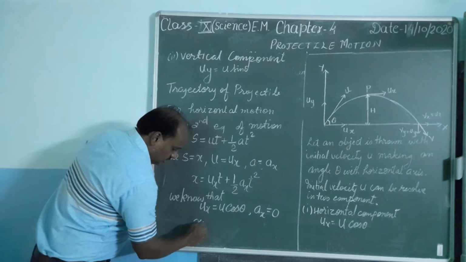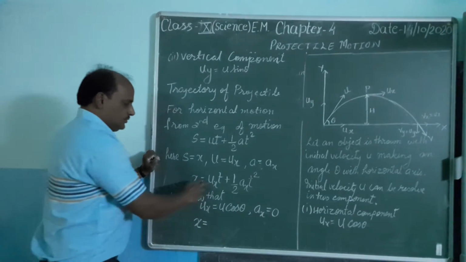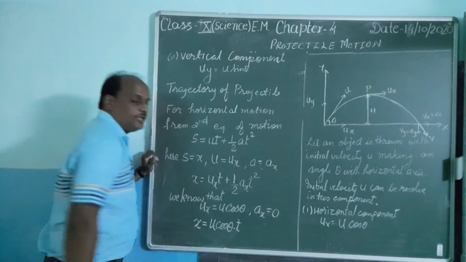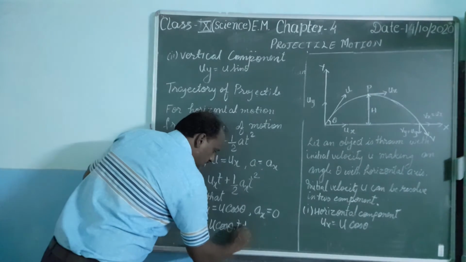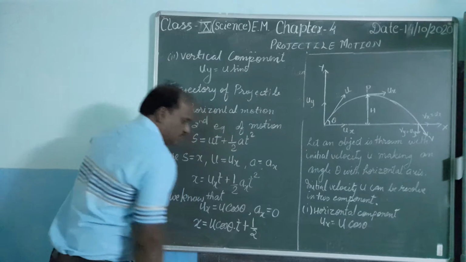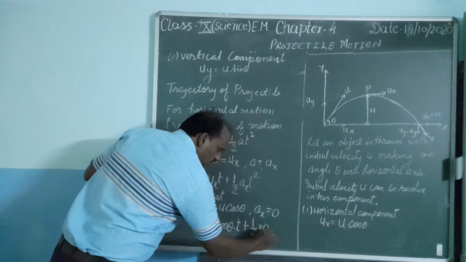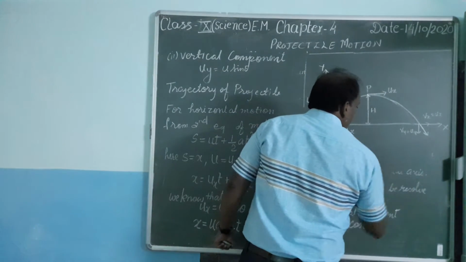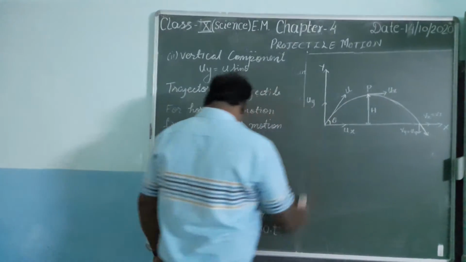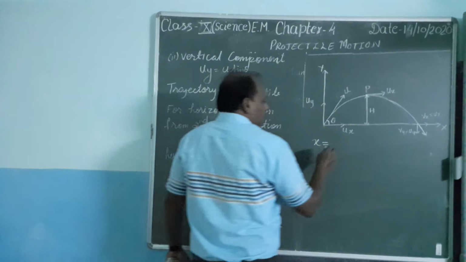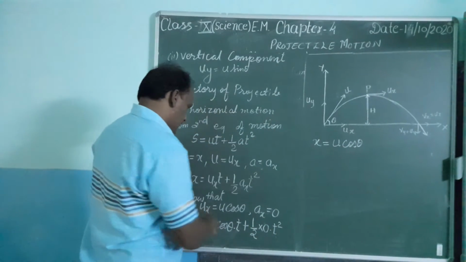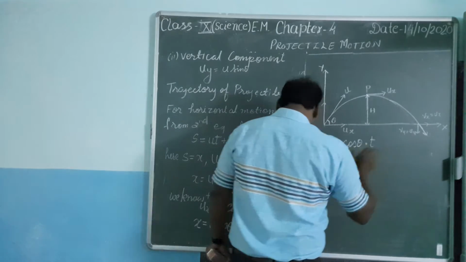So x equals u cos theta into t plus half into 0 into t square, which gives x equals u cos theta into t plus 0.